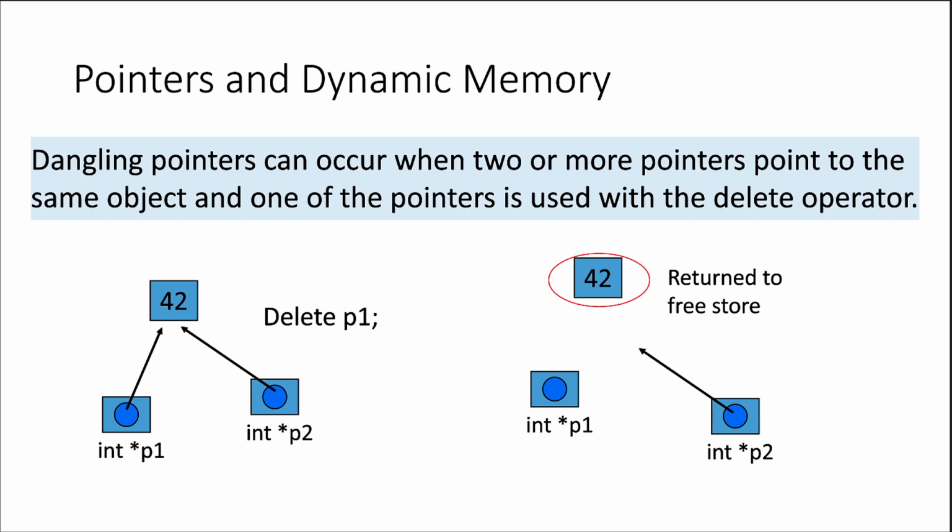And what is happening with P2? P2 is still pointing to the same location, which is already freed, and P2 has no idea. P2 has no idea that the location no longer exists. Therefore P2 became a dangling pointer. Got it?